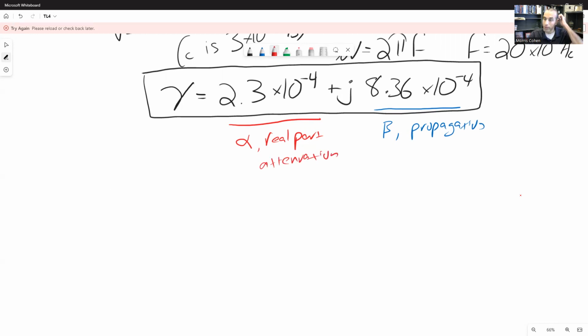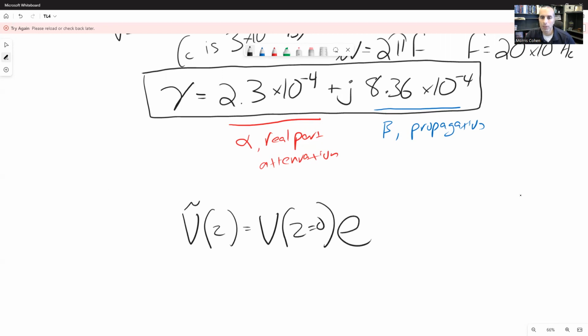So first let's figure out what happens to the voltage. The voltage phasor as a function of z will be equal to the voltage phasor at z equals 0 times e to the minus alpha z times e to the minus j beta z.